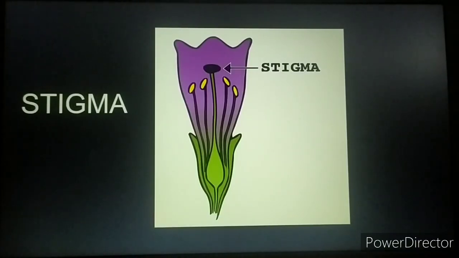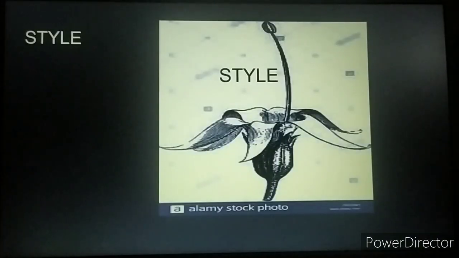The next part of the gynoecium is the style. The style is a long, thread-like structure which is the middle part of the carpel or pistil.